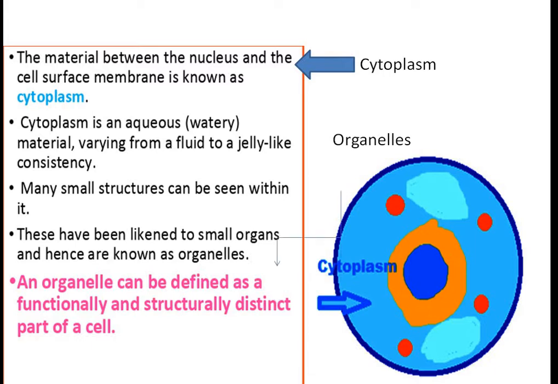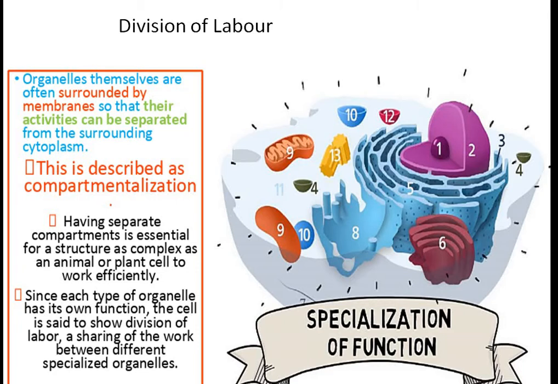Organelles can be defined as functionally and structurally distinct parts of the cells. Now all these structures, the small organs, are capable of performing specified functions. They have very specific functions within the cell to carry out the overall function of the cell.